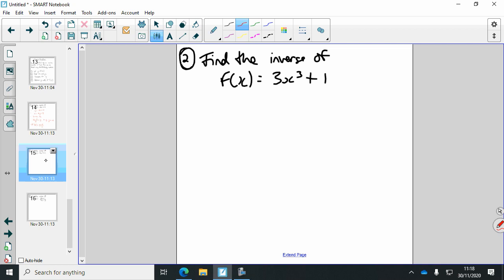Find the inverse of f of x equals 3x cubed plus 1. So the first step is always to change that for y, and then to switch around the x's and the y's. Here's the second step. Now, the third step is to transpose for y.